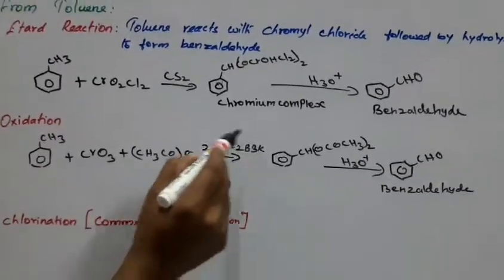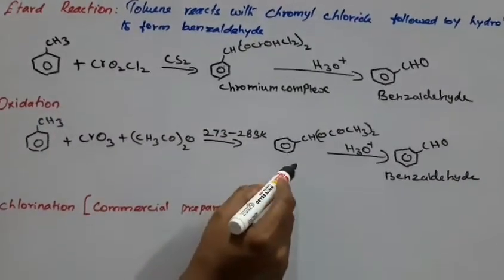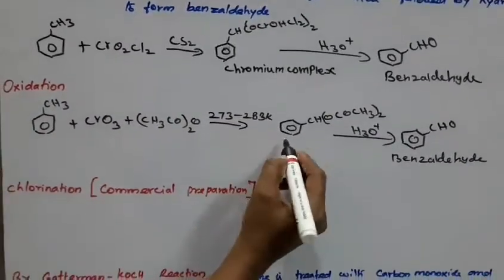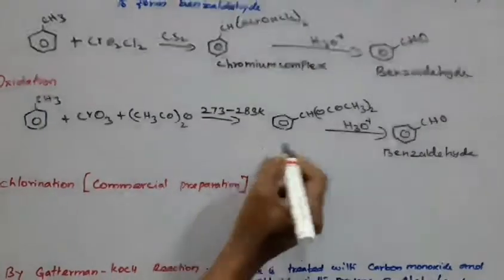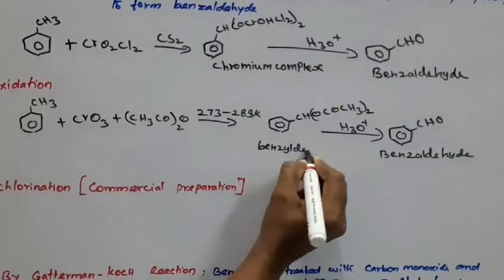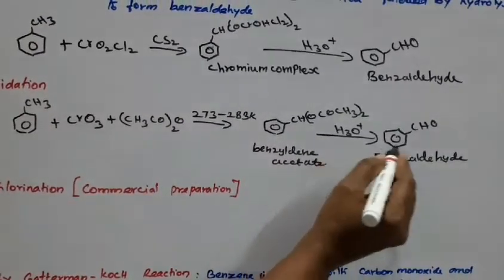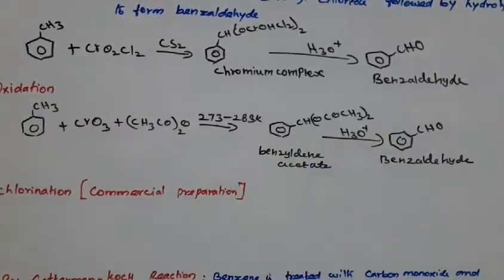The reaction temperature range is 273 to 283 Kelvin to form benzylidene acetate. After hydrolysis, it gives benzaldehyde.